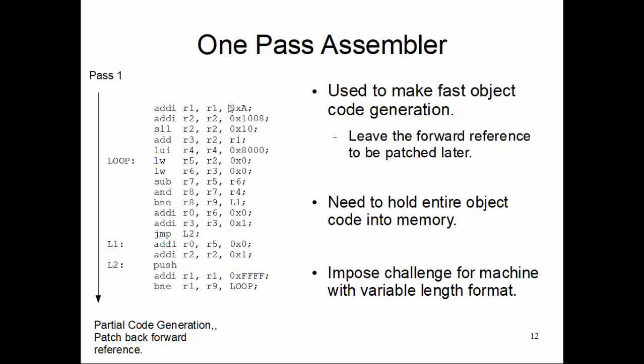For MIPS, every machine code instruction is 32-bit. So we exactly know where the 10th instruction lies in the memory, because everything is uniformly 32-bit. So we can calculate the location of the 10th instruction, which uses the forward reference of L1, very easily.